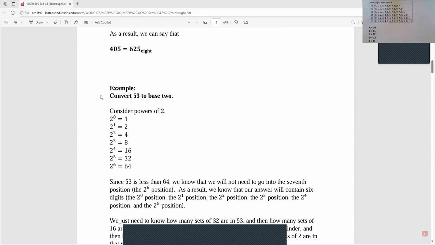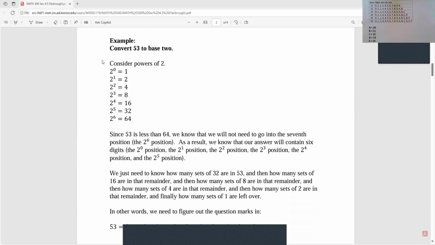If we were going to convert 53 to base 2, we would look at all the powers of 2. And once we hit something that's bigger than the number we're dealing with, we ignore that. So I'm not going to divide 53 by 64, but I'm going to start by dividing 53 by 32. I'm going to take note of how many times 32 goes into 53, and then whatever the remainder is, I'm going to divide by the next thing down.